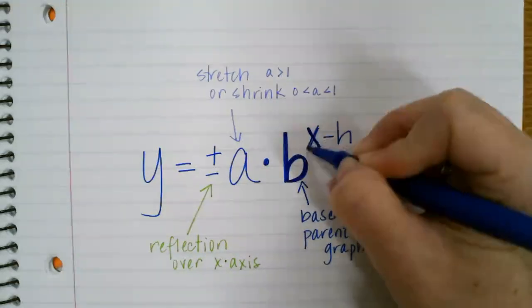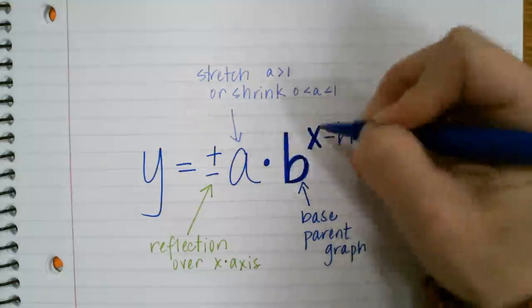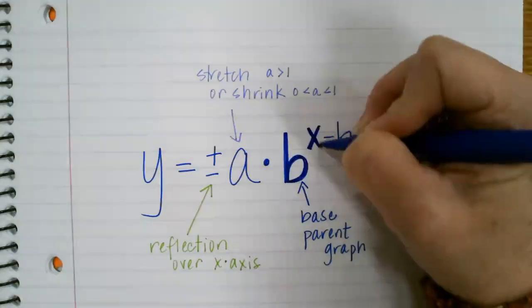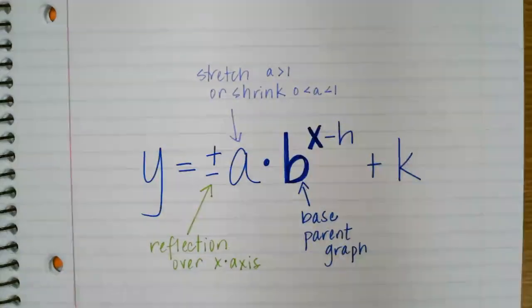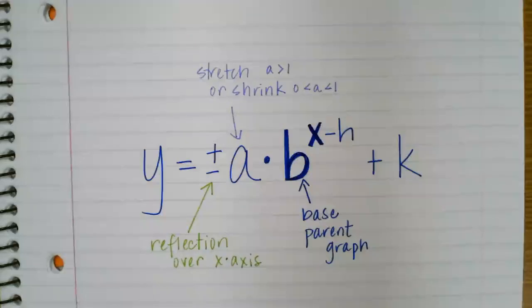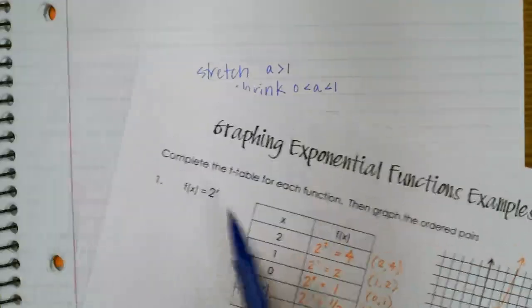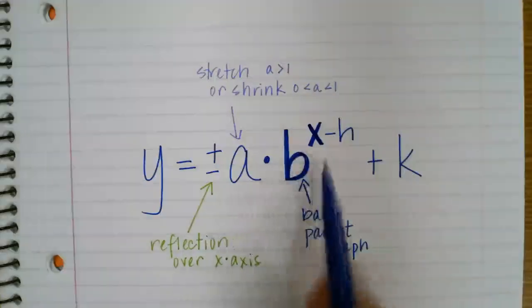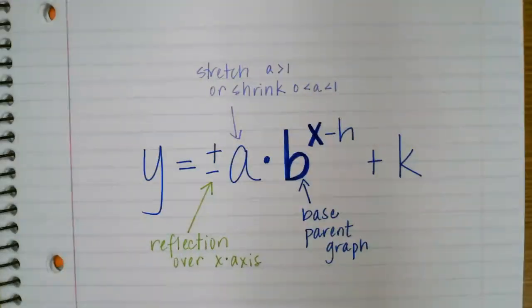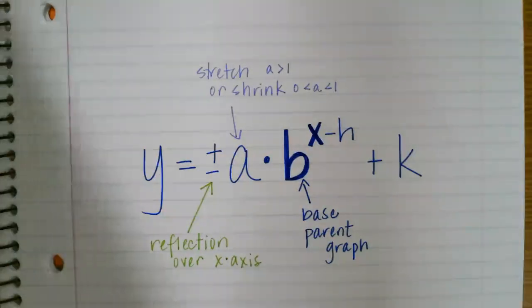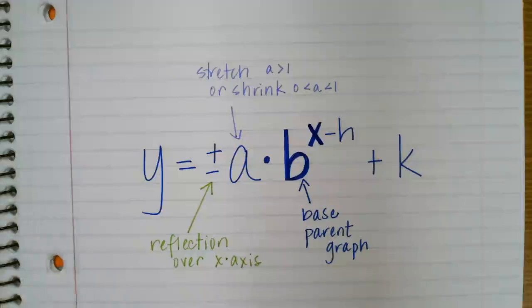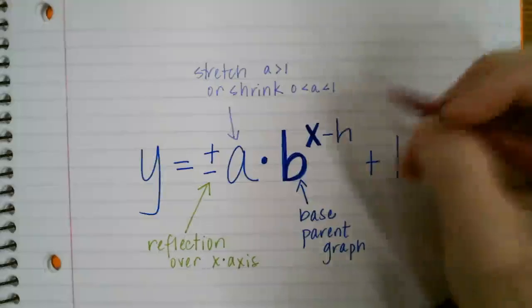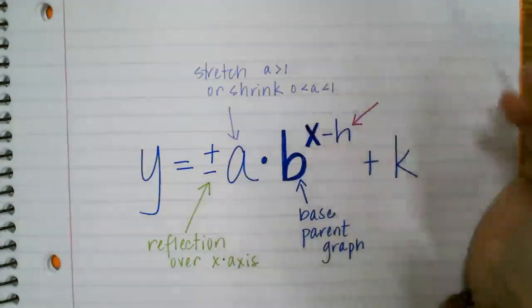We're always going to have this in every equation if it's exponential. So that's our base, our parent graph. So these that we were just doing, the 2 to the x, the 3 to the x, the 1/2 to the x, that's what's going to be right there.